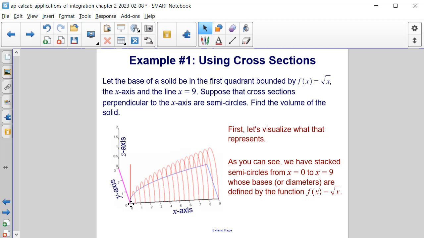So we have f of x equal to the square root of x, and it's on the y-axis, which is kind of acting as the width of a tabletop, and the x-axis is the length, and the z-axis is coming up from the table to show that third dimension.